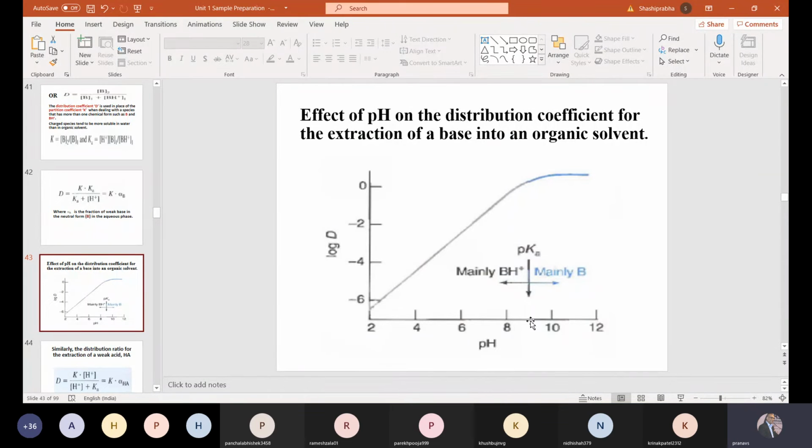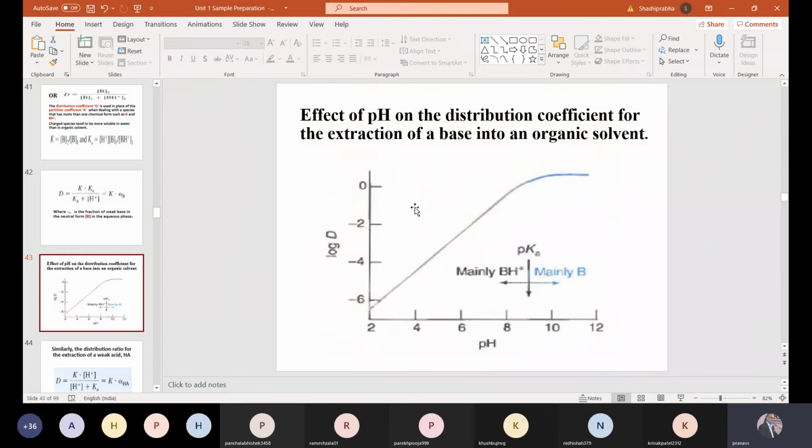But as you go on increasing the pH, the log D value increases, and then it stabilizes. It gives you a plateau where it remains constant. So beyond a particular pH, say around 10, the log D doesn't change.